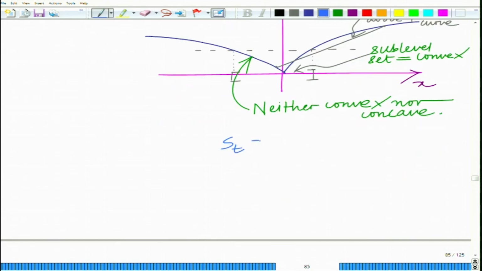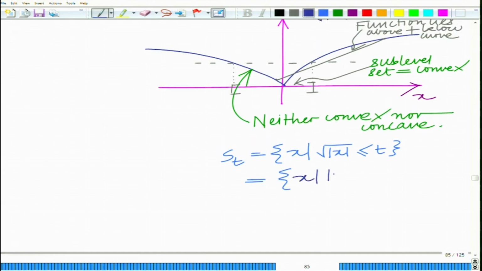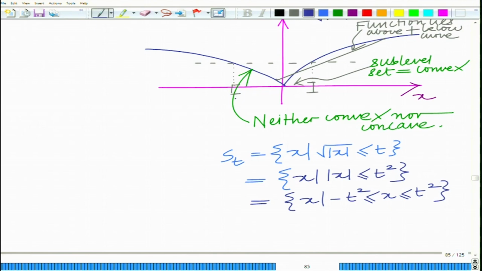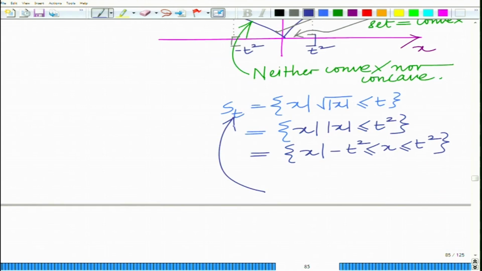For instance, S of t equals the set of all x such that square root of magnitude of x is less than or equal to t, this is equal to the set of all x such that magnitude of x is less than or equal to t square, which is basically minus t square less than or equal to x less than or equal to t square. And therefore, this S of t is simply the closed interval minus t square to t square, this is a convex set.